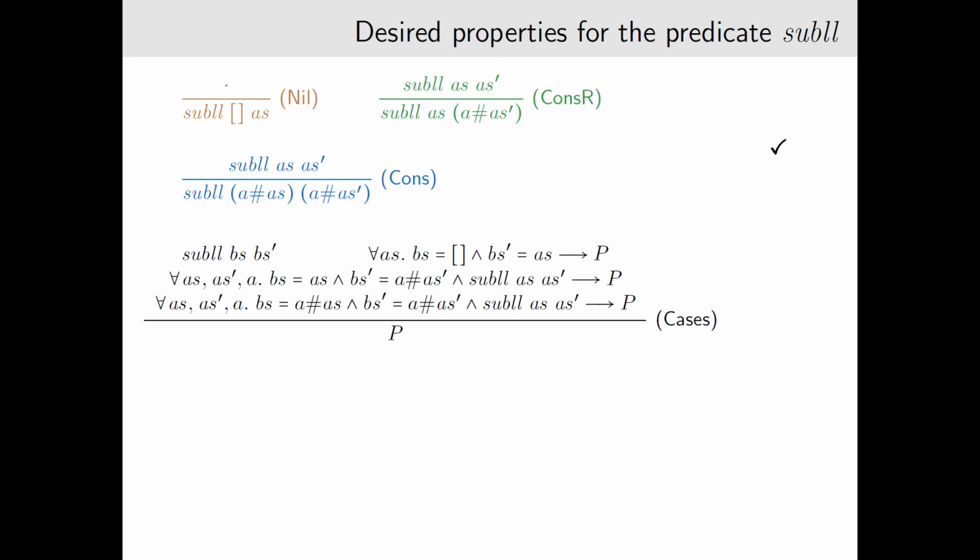Let's see what they say, right? So, is it true that if AAS is a sublist of AAS prime, then AS is a sublist of AS prime? Yes. Is it true that nil is a sublist of any lazy list? Right. So that's actually the direct rule. I take back my question. There's nothing to say about this.